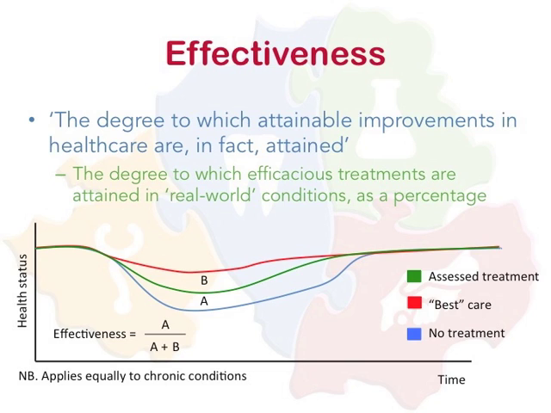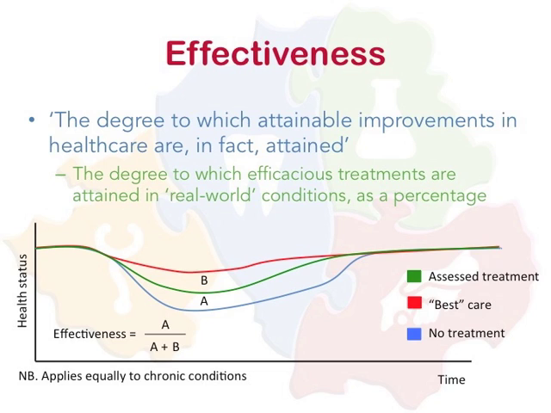And the green line shows what you are measuring. So, in this circumstance, you get area A between the no treatment line and the assessed treatment line, which is the treatment that you're providing. And you get area B, which is the area between the assessed treatment line and the best care line.